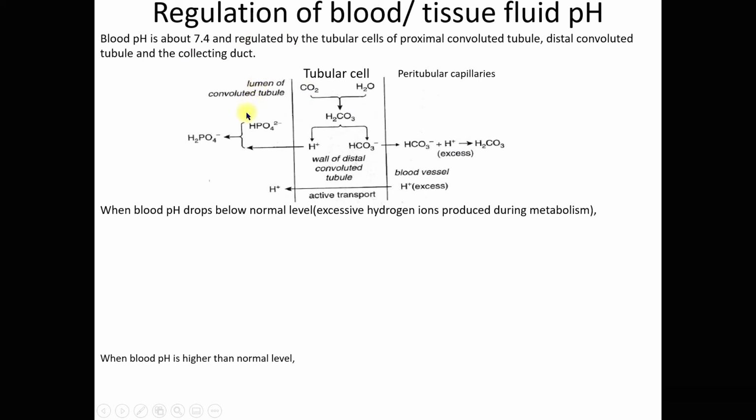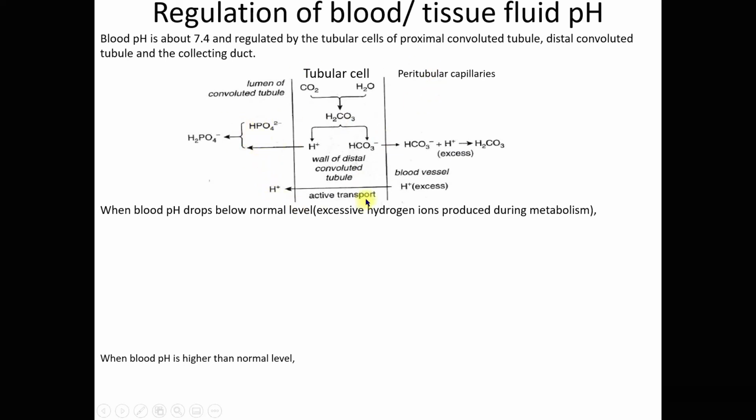Now, let's take one scenario, when the blood pH drops below the normal level. Blood pH drops below normal level, meaning the blood becomes slightly acidic, meaning there is an excess of hydrogen ions in the blood. So how can we have excessive hydrogen ions?